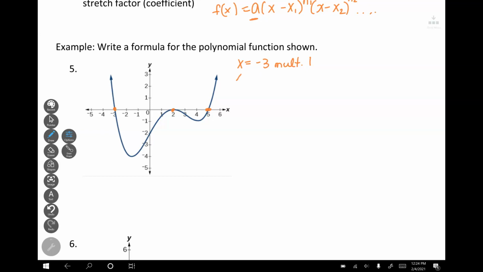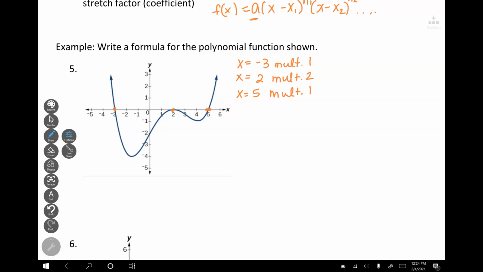I have x equals 2, and that's multiplicity 2, since it bounces. And I have x equals 5, and that one also goes straight through, so multiplicity 1.